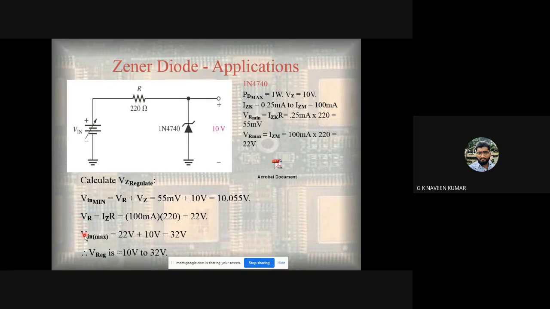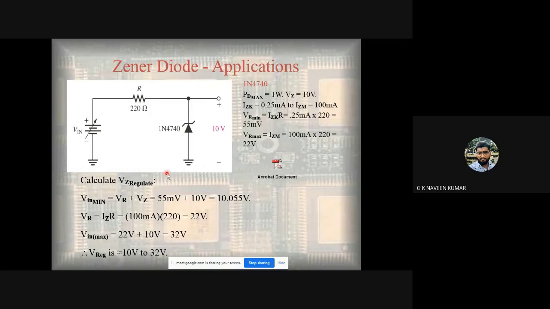Now for the maximum voltage: the maximum voltage drop is 22 volts, plus the voltage across the Zener diode, the 1N4740, which is 10 volts. 10 volts plus 22 volts gives 32 volts. So the input regulation range is approximately from 10 volts to 32 volts.